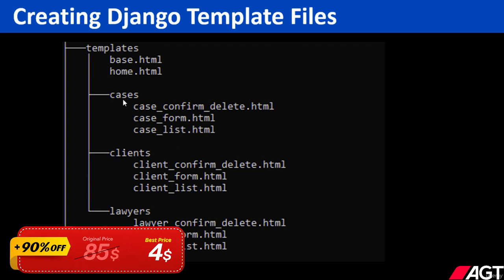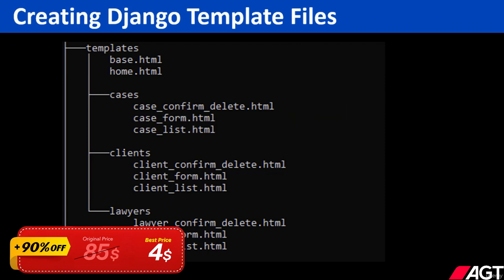And inside that directory, I'm going to create 3 template files: case_confirm_delete.html, case_form.html, and case_list.html. I've already defined these templates inside my Django view, so I now have to create the templates for the view to use.